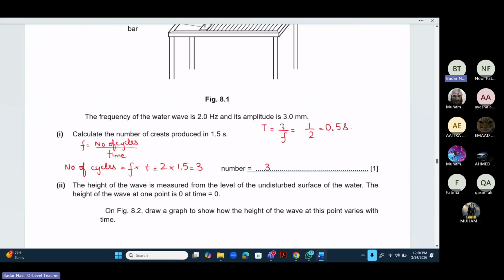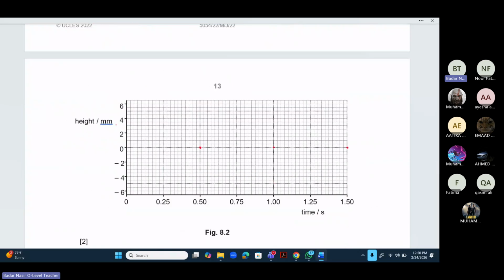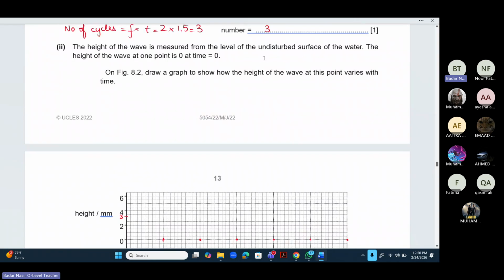वैसे उसने उसका एम्पलीट्यूड बताया हुआ है कि 3 मिलीमीटर तक जाता है. नाउ सिंस इट्स अ साइनोसॉइडल वेव, सो यहाँ पे ये 3 एंड वी हैव -3 ओवर हियर. ठीक है? ये हाफ साइकिल पे यहाँ पे भी इसका एम्पलीट्यूड 0 होगा. ये वो पोजीशन है जहां पे इसका एम्पलीट्यूड 0 है. ओके. अब शुरू में the height of the wave is measured from level of this.